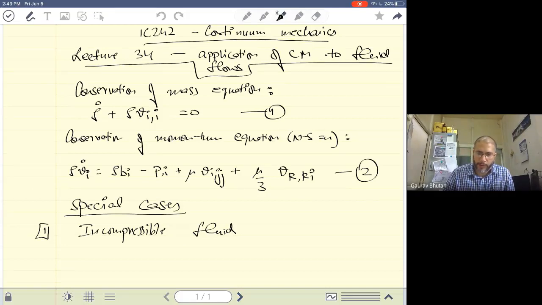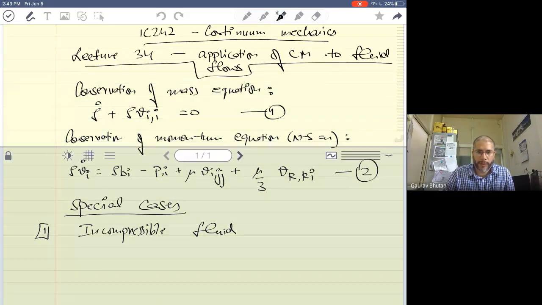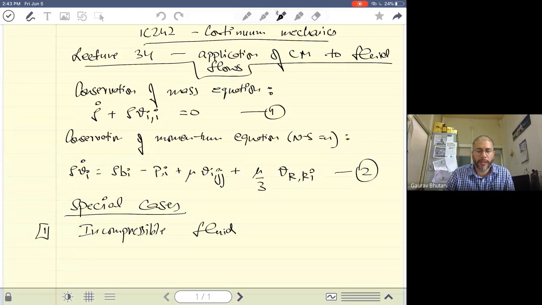So, of course, nothing is purely incompressible. We do see there's some amount of compression in the fluid or the liquid obtained or water obtained when we apply external pressure. But it's an assumption that we are using here that the fluid is incompressible. So that would mean that the density is constant.